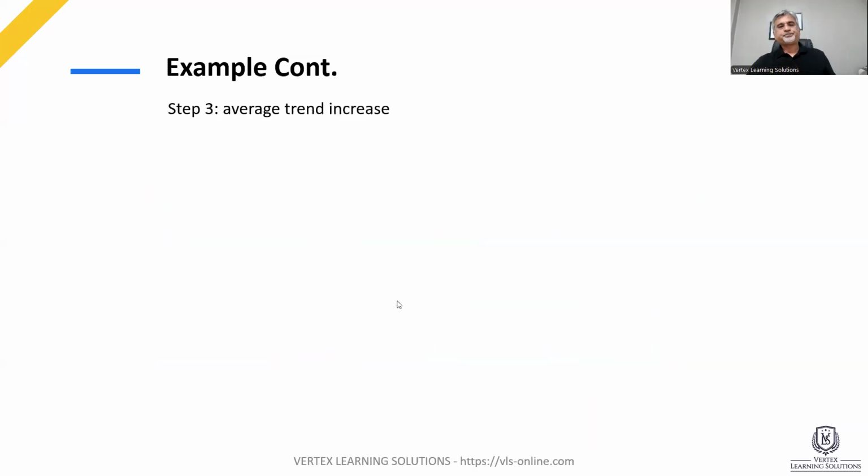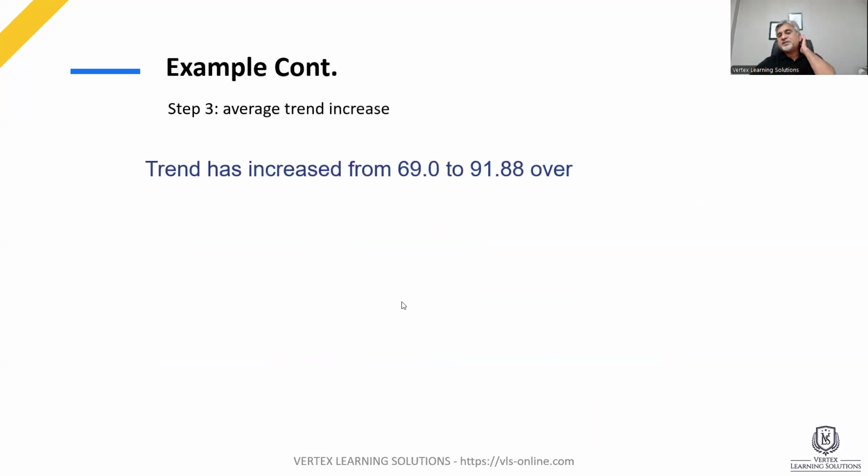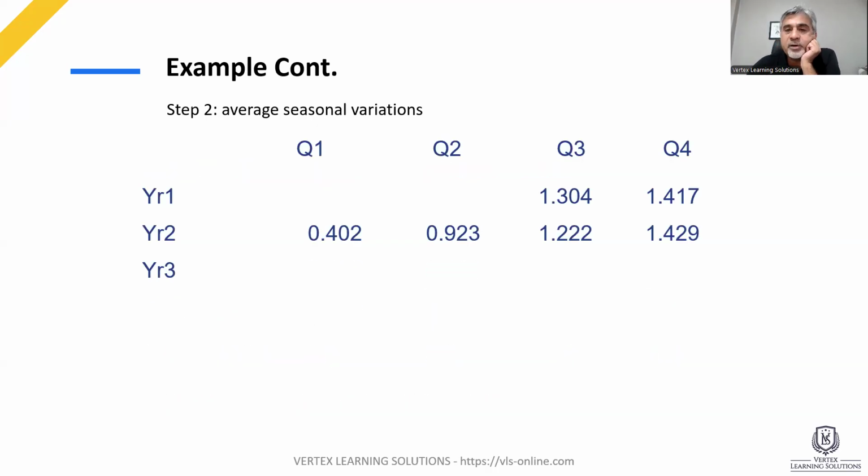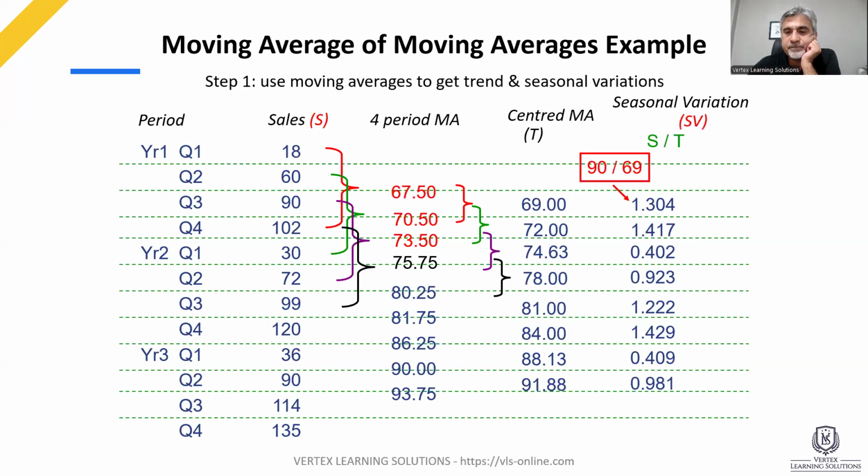Now, trend has increased from 69 to 91 over period. Now, how do we, I said trend we can calculate. How can we calculate the trend? See here. Where is my trend? This is my trend. It increased from 69 because it is continuously increasing. 69, 72, 74, 78, 81, 84, and so on.